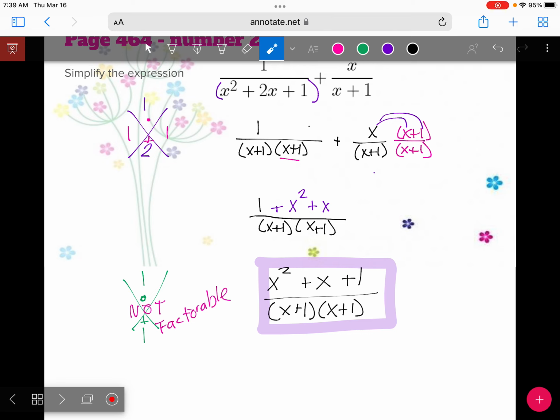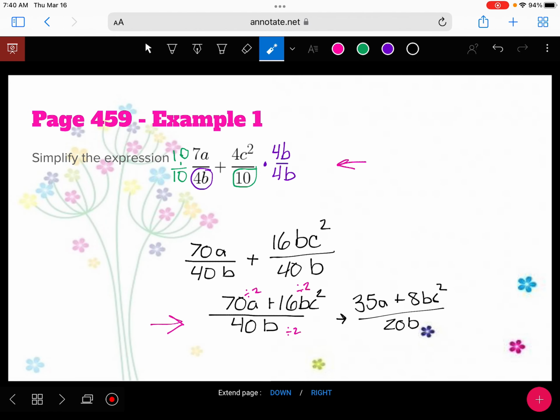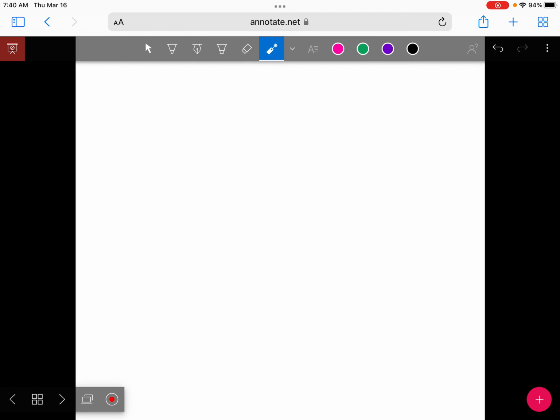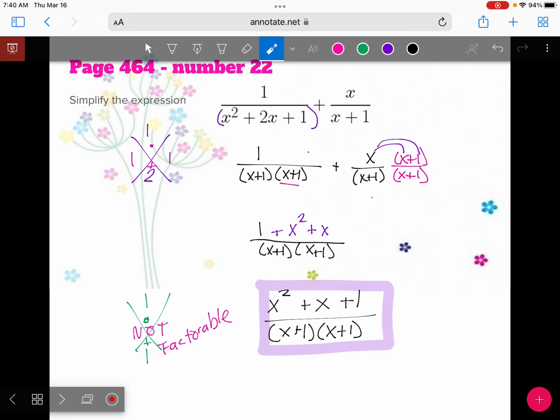So if you find a lowest common denominator, especially when you've got these polynomials, it's going to save you from having to multiply out, factor out, and then cancel at the end. So it's saving you work. If it's something like these guys back here, totally valid. Just go by the other denominator and simplify at the end. When you've got something like this, I highly recommend finding your lowest common denominator. It's going to save you a bunch of work.